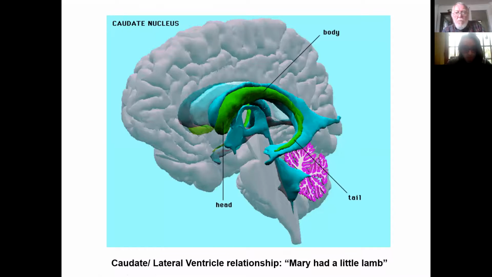So here, where we look at the caudate nucleus, what we learned about is the lateral ventricles.